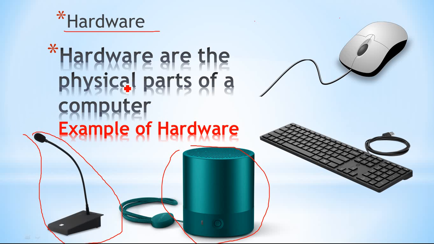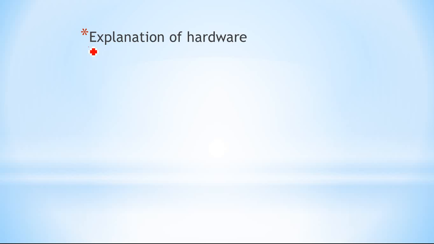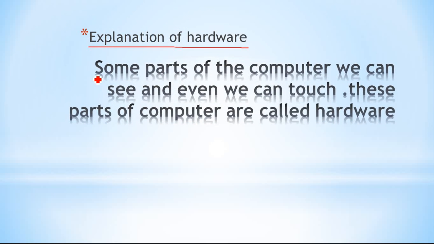Okay, now we will go to the next topic. Explanation of hardware. On the last page I did not explain what hardware is. Now I will explain it. Some parts of the computer we can see, and we can even touch them.